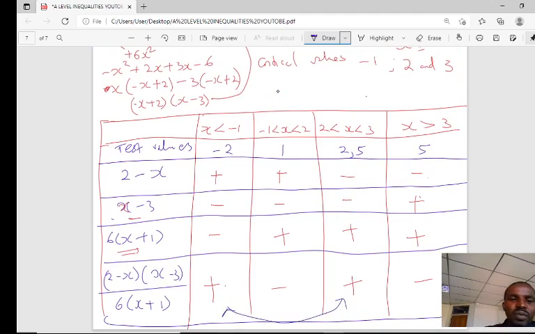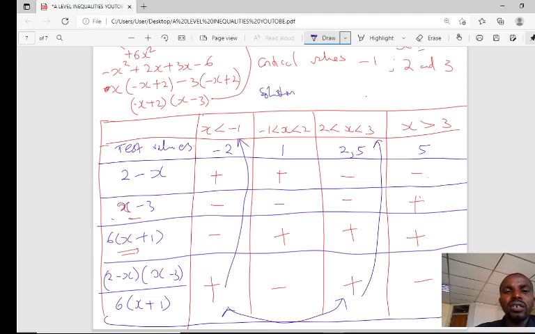So the solution will be x less than -1 or x lies between 2 and 3. Done. So these are inequalities. That's how you work out inequalities.